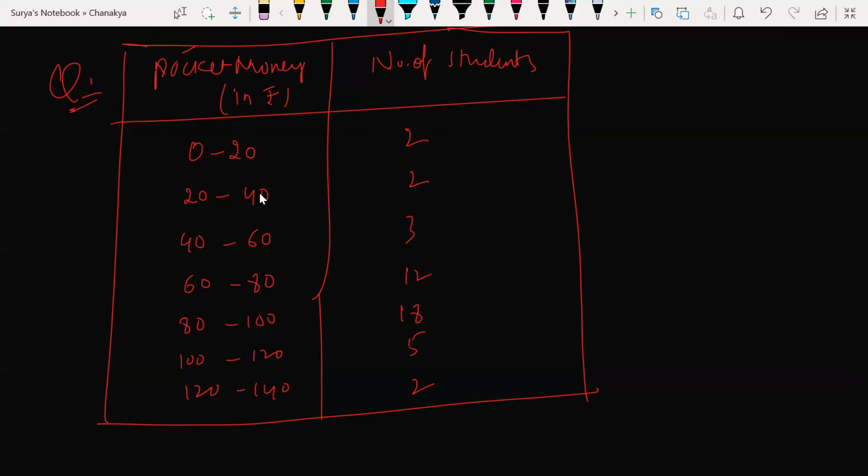So what do we need to find? The question is: the below distribution shows weekly pocket money received by students of the class. Calculate the pocket money that is received by most of the students.